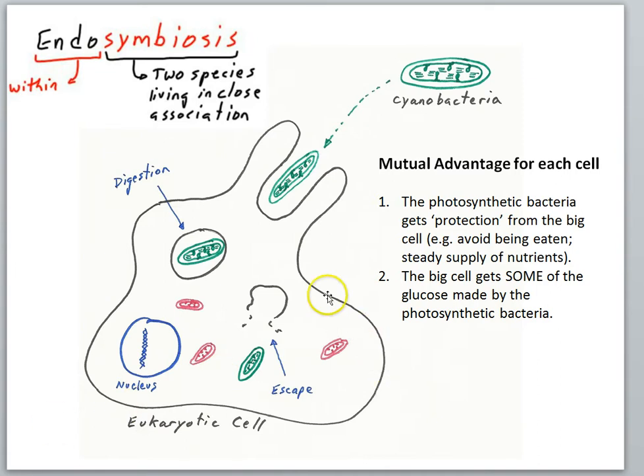Now, in this diagram, we are showing the big cell as having a nucleus, but it also has mitochondria. And it's now acquiring, in a sense, a new resident, the chloroplast, or this would have been bacteria at the time, but today we call them chloroplasts. Let's take a closer look at the mitochondria themselves.